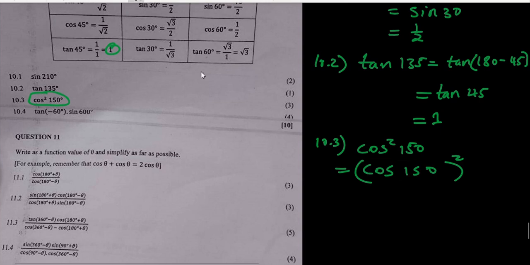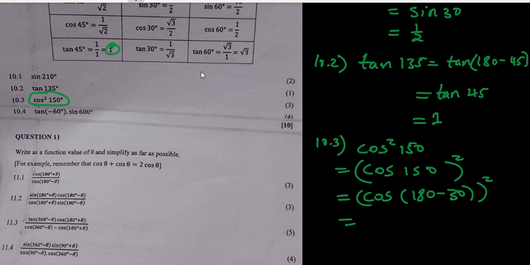Now you're going to have cos 180 plus 30. Sorry, 180 minus 30. 180 minus 30 is going to give me 150. So 180 minus is going to take me to quadrant number 2.